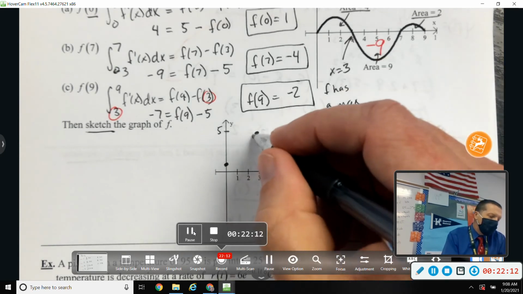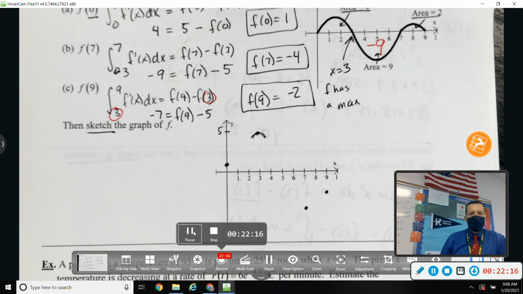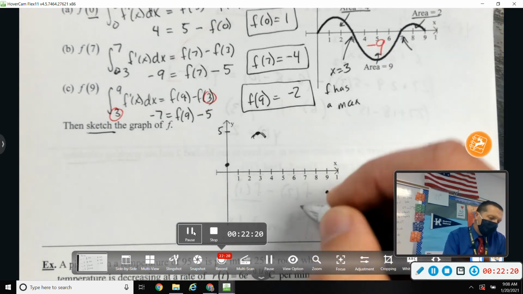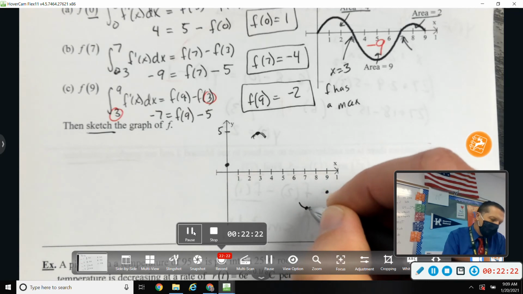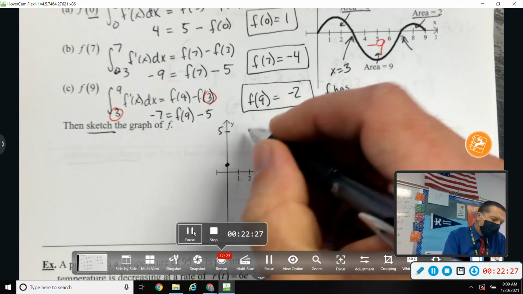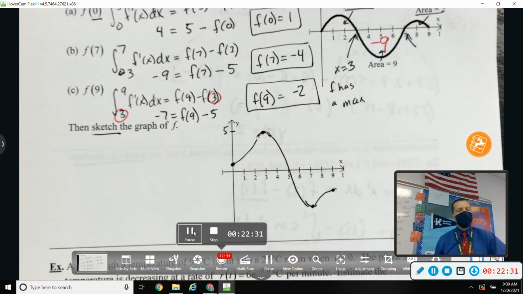Well, that fits exactly what our picture shows. The opposite thing happens at 7. There's a minimum. So let's just sketch in with what we've got here. It just says sketch, so it doesn't have to be perfect.